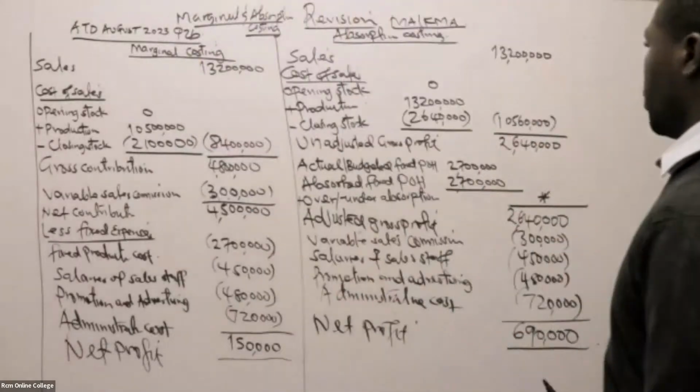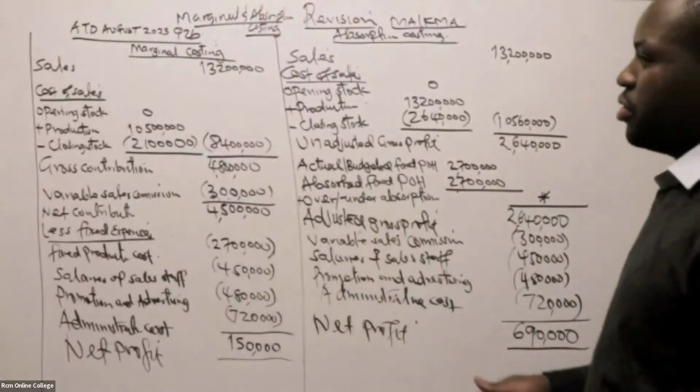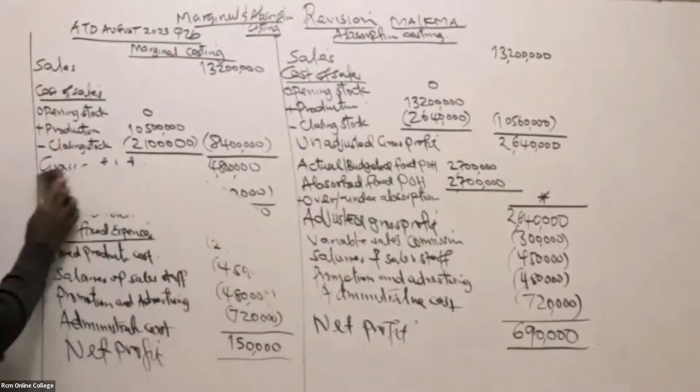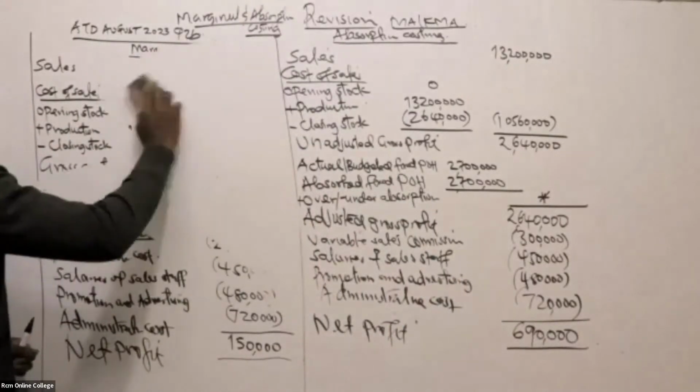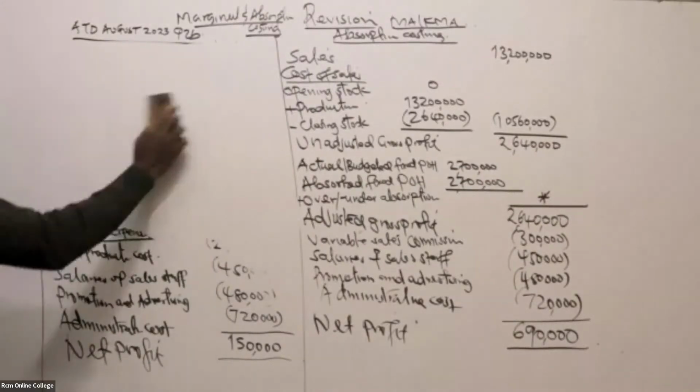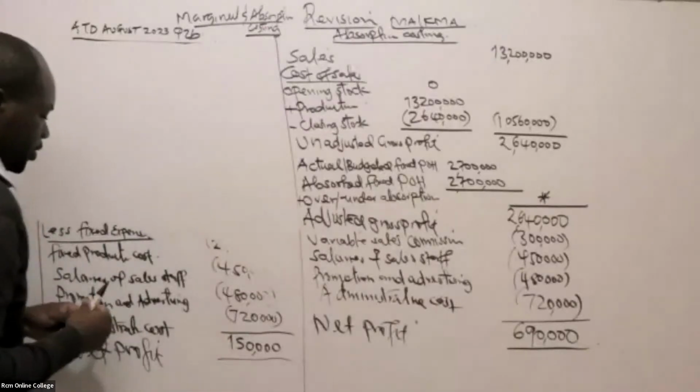Good. So which one should I remove? I can go away with this part as we reconcile. Reconciliation statement.